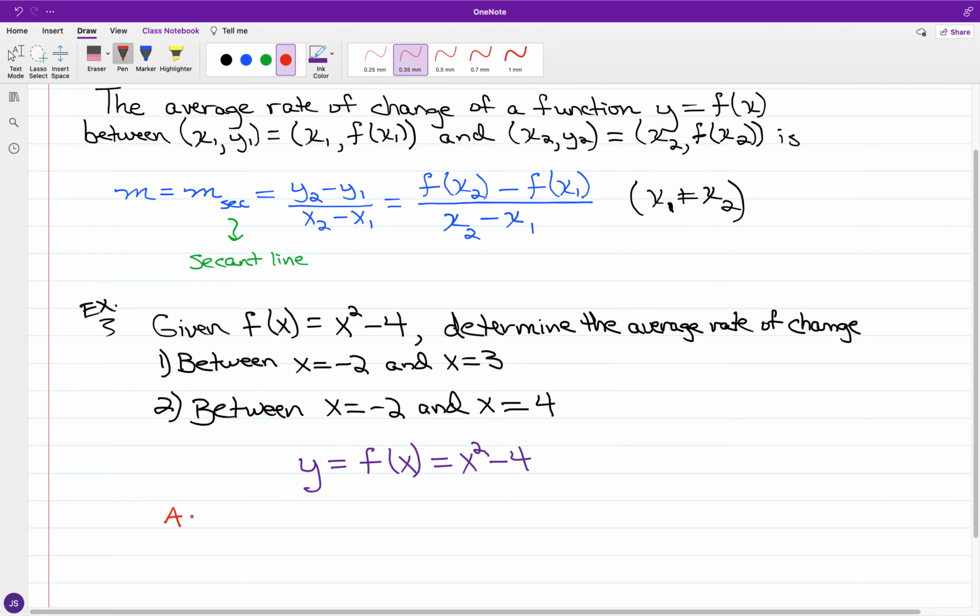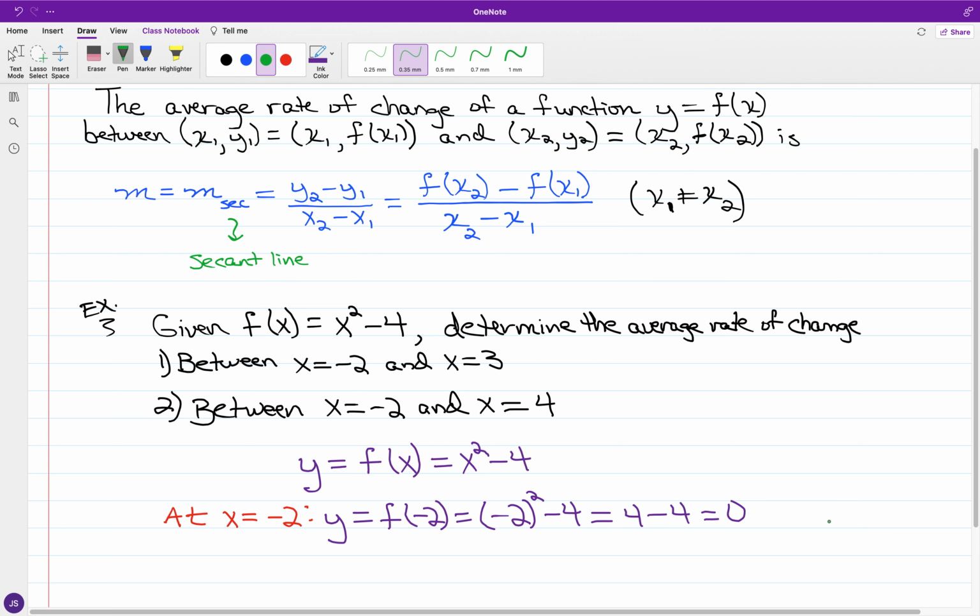Okay, and let's say at x is equal to -2, we want y is equal to f of -2, and for x squared minus 4, we're taking the square of -2, and the square of -2 is going to be +4, and 4 minus 4 is equal to 0.